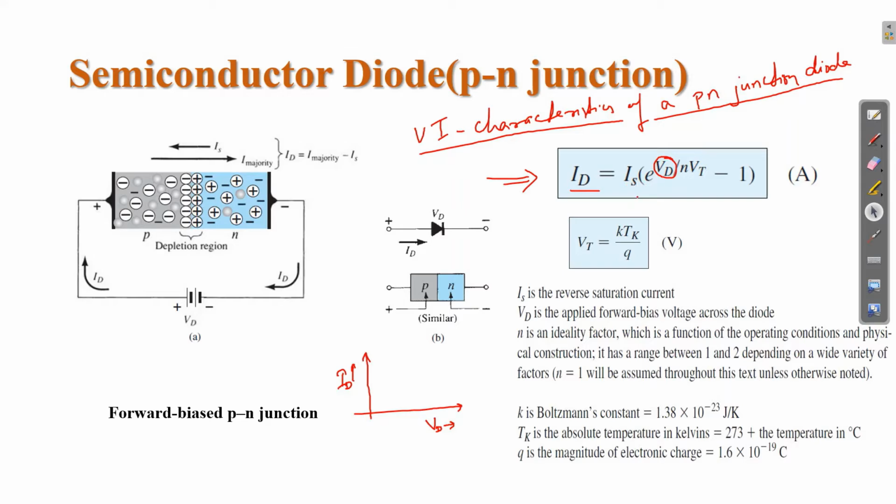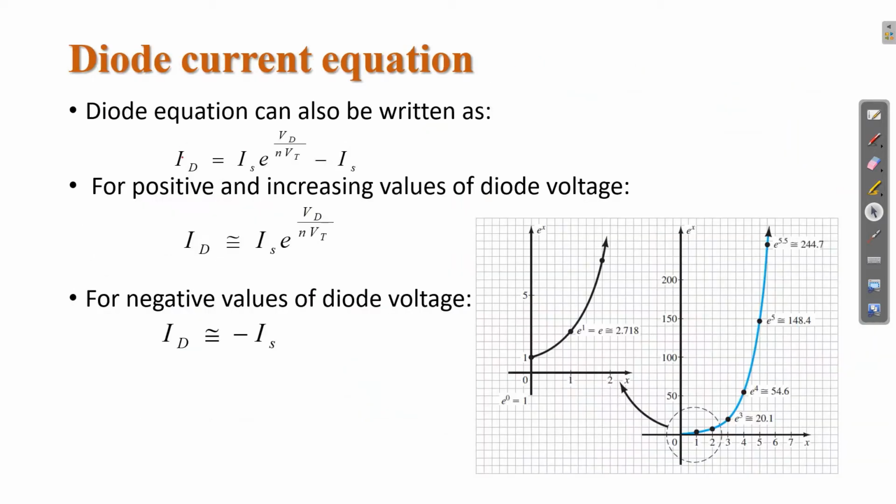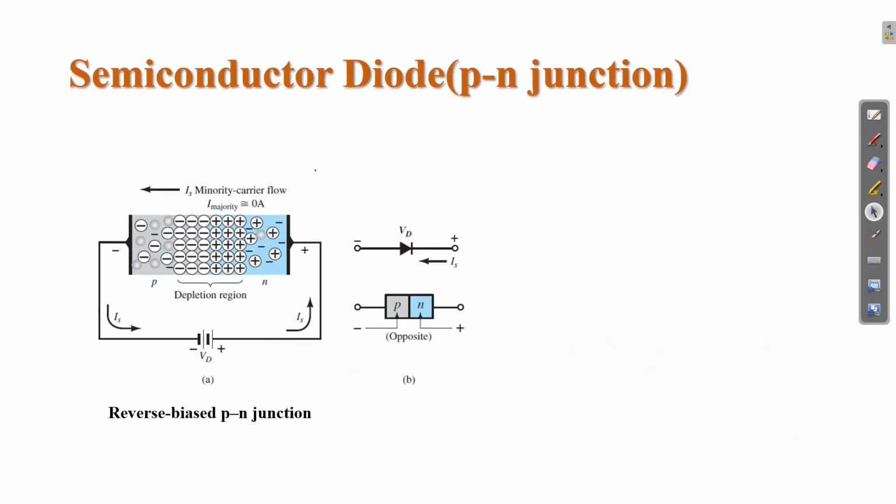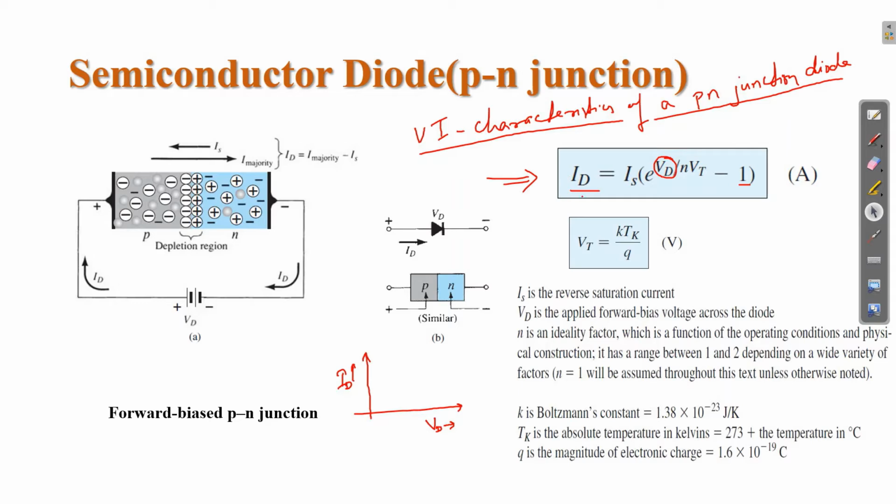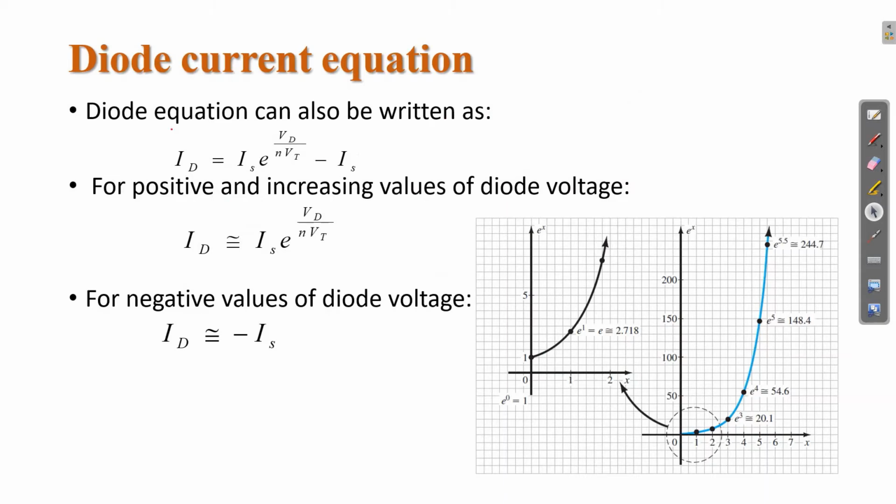If you multiply IS by each term, you have ID expressed as ID equal to IS times e to the power VD by NVT minus IS. This is nothing but this very diode equation represented in an alternate manner.